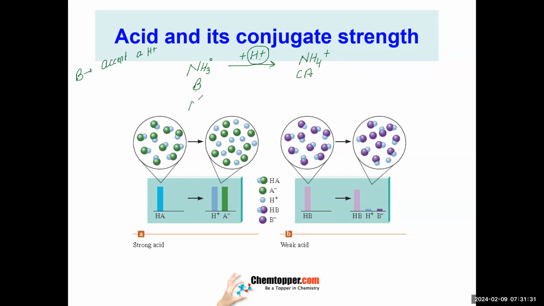If I give you NH2 minus, and if I say this is the base, what is the conjugate acid? What is the conjugate acid here?